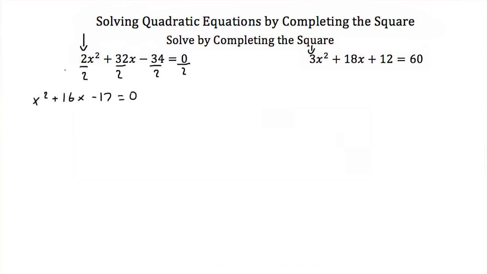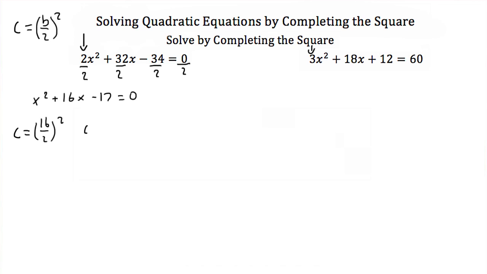Now this is not a perfect square trinomial, but we can make it one by completing the square. Remember, our constant term, if we have a perfect square trinomial, is equal to b over 2 squared. My b is 16, so my c would be equal to 16 over 2 squared.